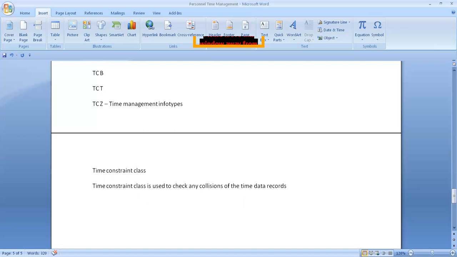What does it mean? What is a collision? For example, when an employee is applying for leave, 5 days leave, for example, from 16th to 20th. So you have totally 5 days leave there.